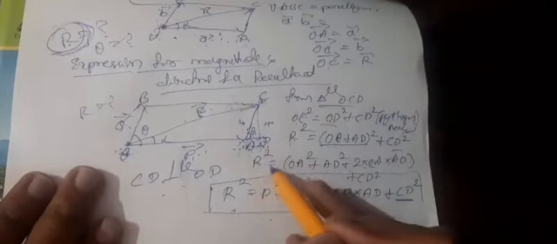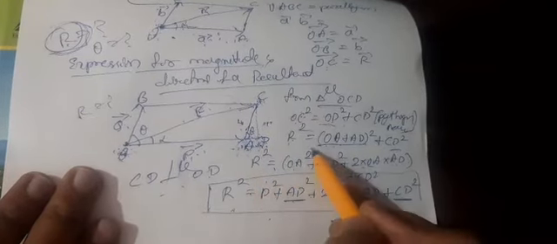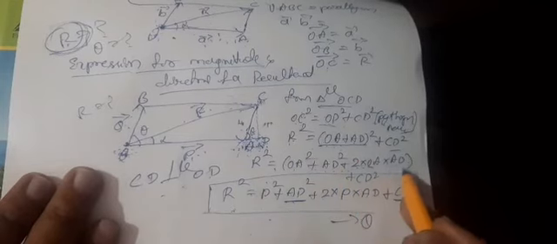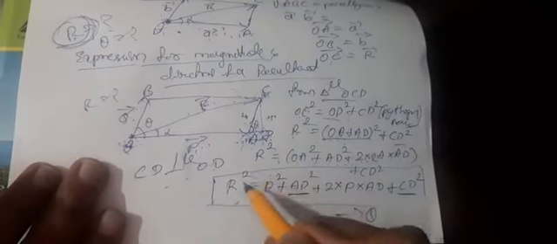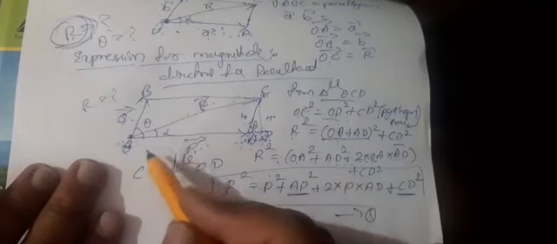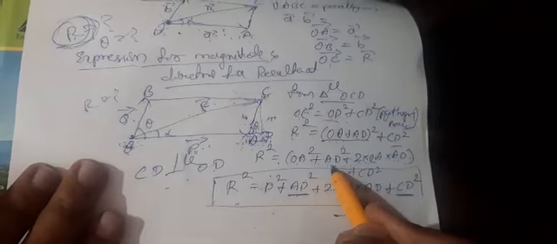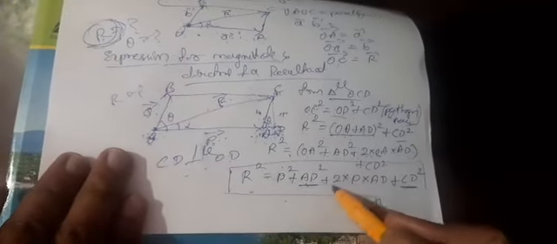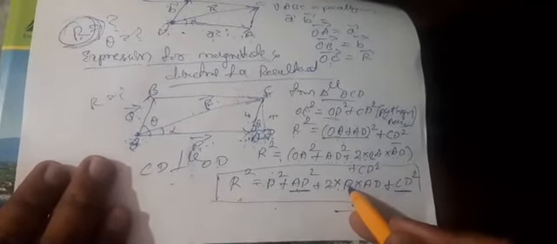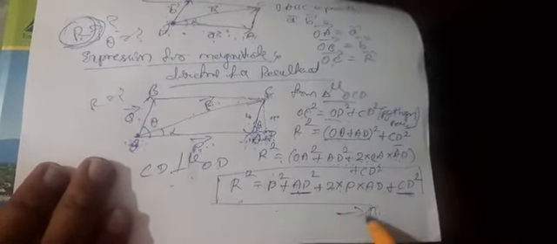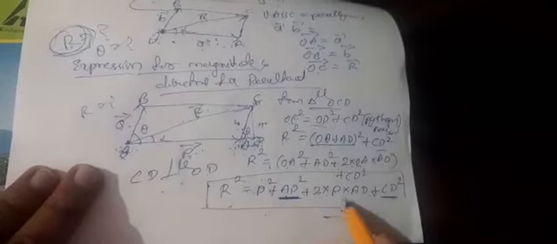So R square is equal to OA square plus AD square plus 2 OA AD, using the A plus B whole square formula. OA is the vector P, so R square is equal to P square plus AD square plus 2 into P into AD, plus CD square. That is equation number 1.